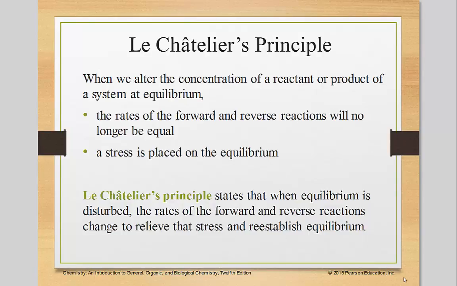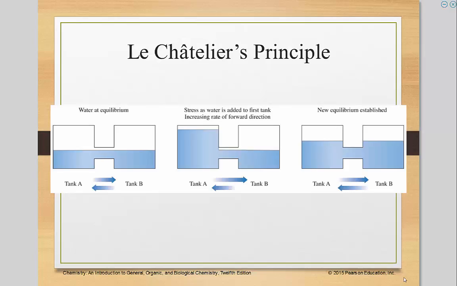Le Chatelier is basically saying that if the reaction is somehow disturbed, if you added something, if you took something away, if you heated something up, it would change how the reaction is occurring. So here is something at equilibrium.